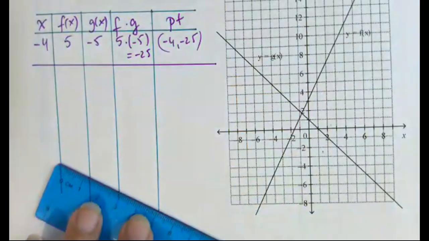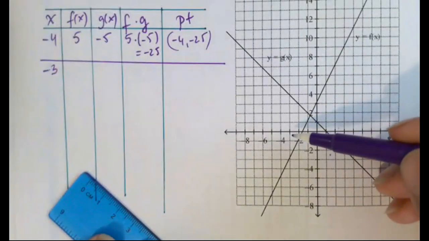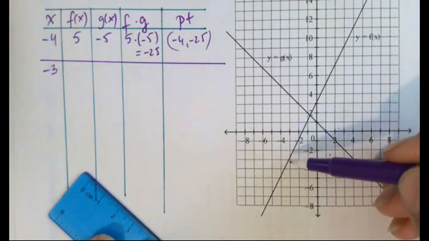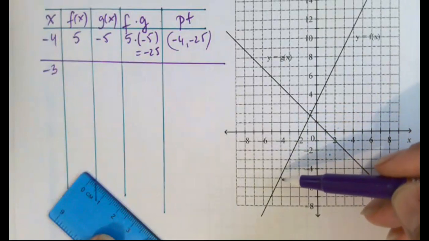Let's try -3. F of x at -3 is negative. Did I switch these ones? F of x was -5, right?